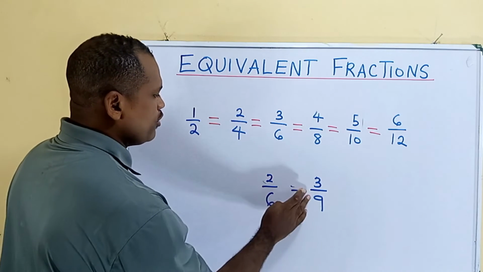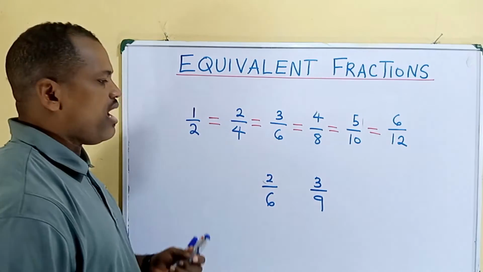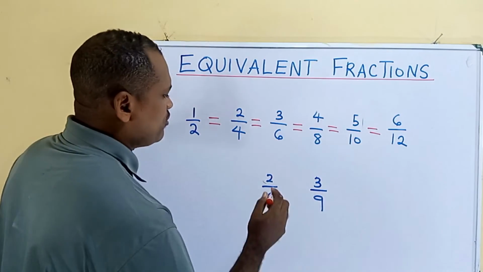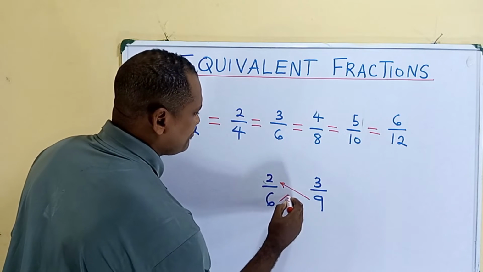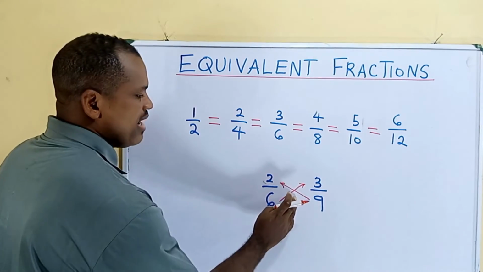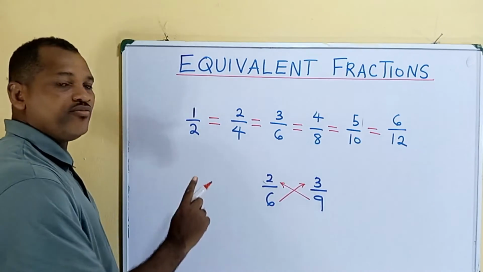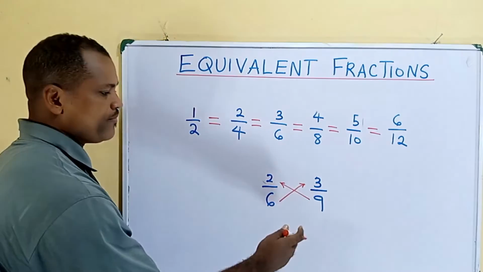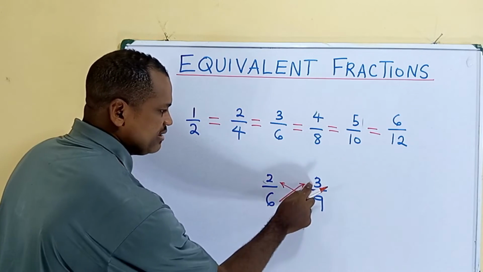We want to know if they are equal. How do you tell if they are equal? Just do like this. Cross multiply. Look at my arrows. This one is pointing up, this one is also pointing up. Very important. If you want to know if they are equivalent fractions or equal fractions, you multiply this by this.